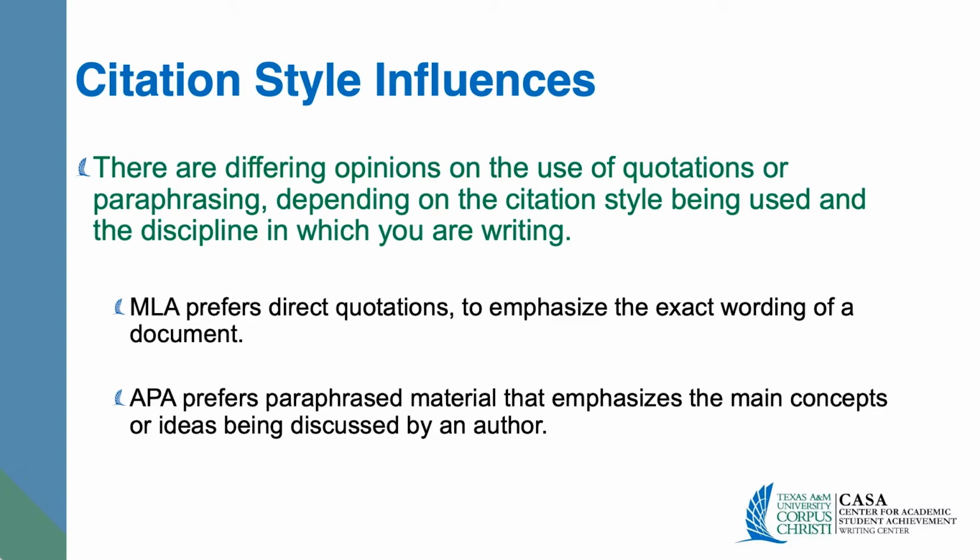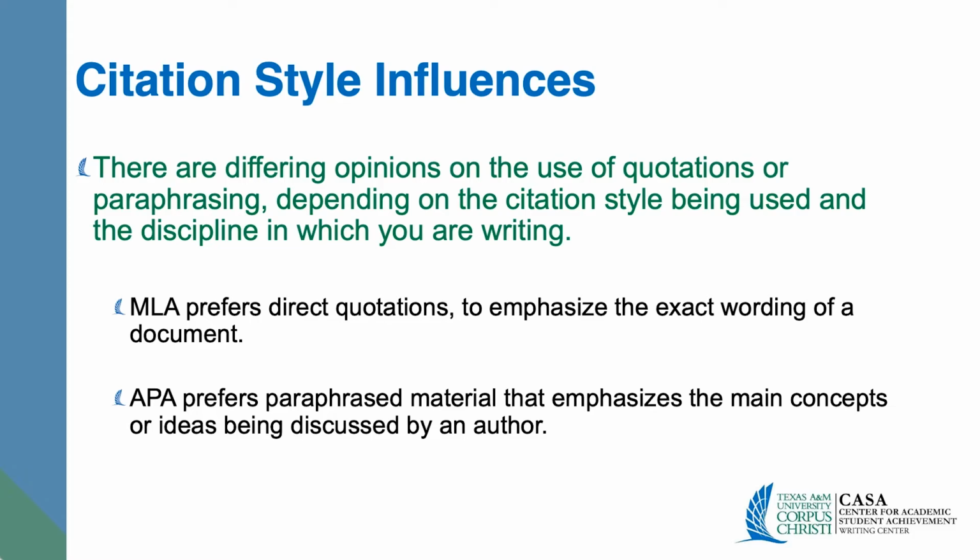When it comes to direct quotation or paraphrasing, your citation style is going to influence it. If you choose MLA style, these are usually used in English classes for literature courses specifically, you will be doing a lot of direct quotation because, again, you're pulling from source material. You're pulling from literature, and the exact wording is needed for the analysis of the document.